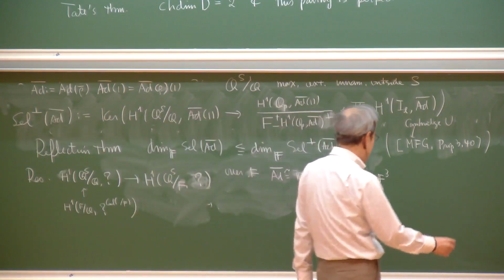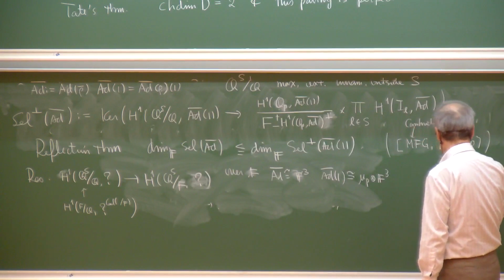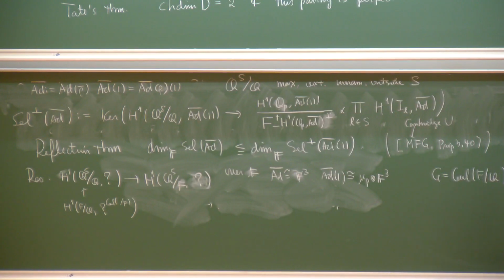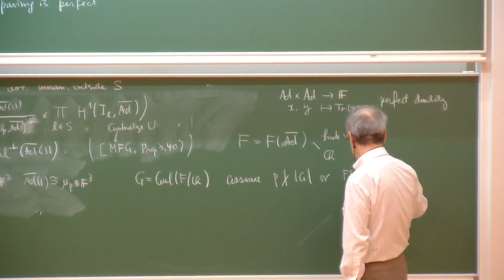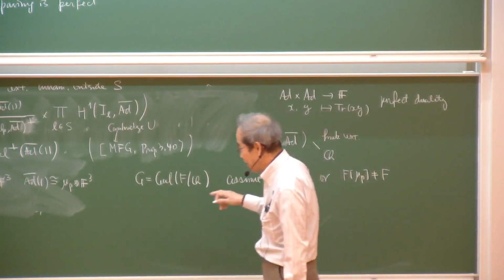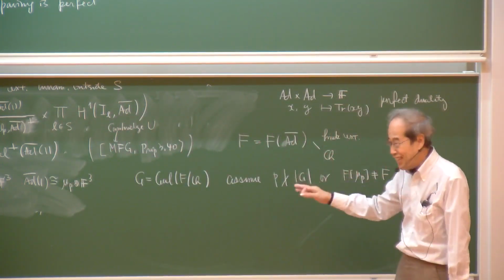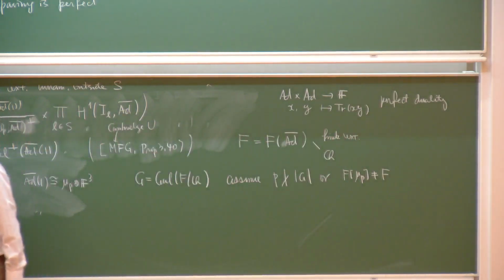So I just write G for the Galois group of F over Q. So either I assume that p doesn't divide the order of G, or F(mu_p) is different from F because I twisted by 1. So if the cyclotomic character is non-trivial modulo p, of course the fixed point just disappears. So that tells you the map is injective. If the order of G is prime to p and this is a characteristic p vector space, it also kills.